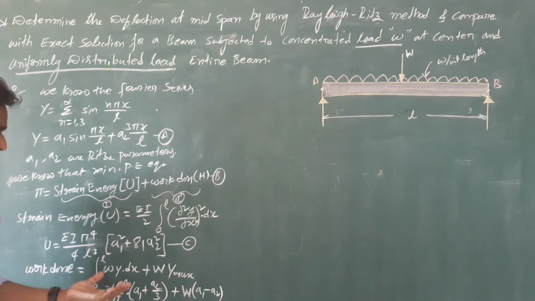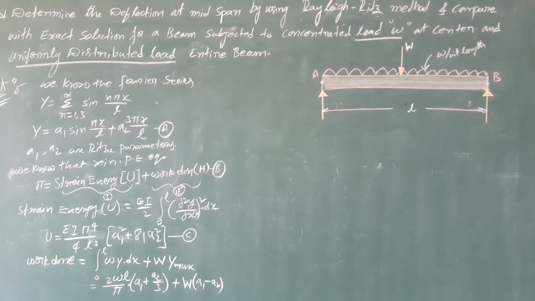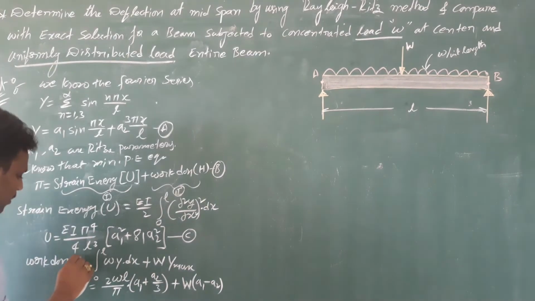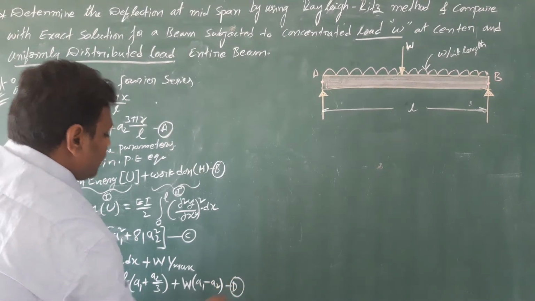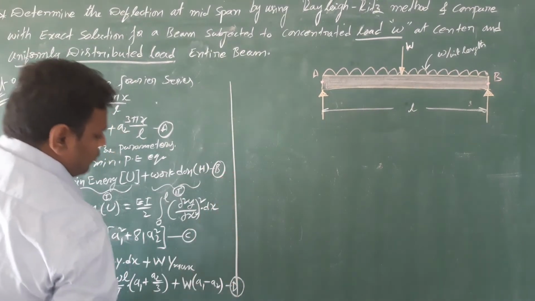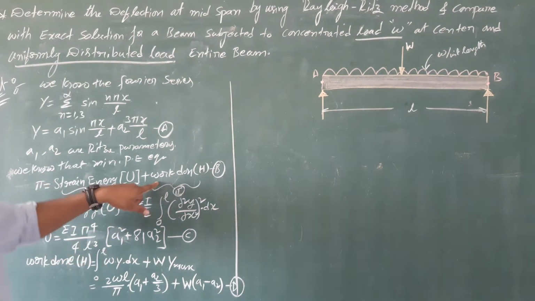Now substitute this H value and U value. This is equation number D. Substitute these two, D and C, in equation number B.